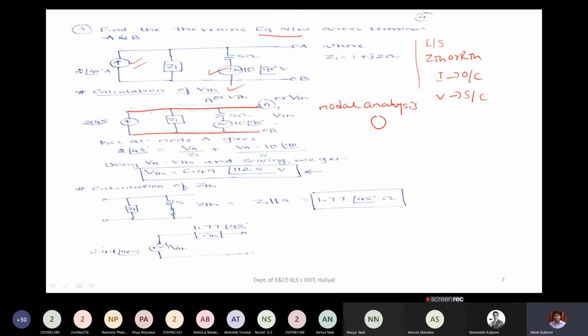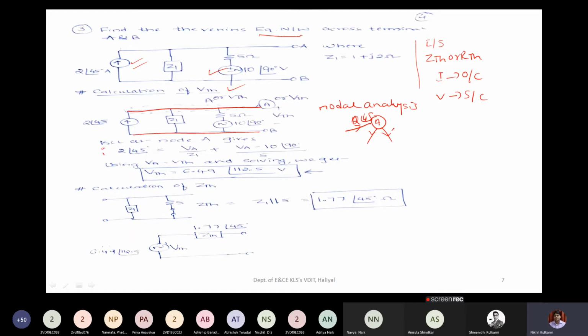It looks something like this. We have node A where one current is already incoming, that is 2 at an angle 45, and two currents we can assume are outgoing currents.